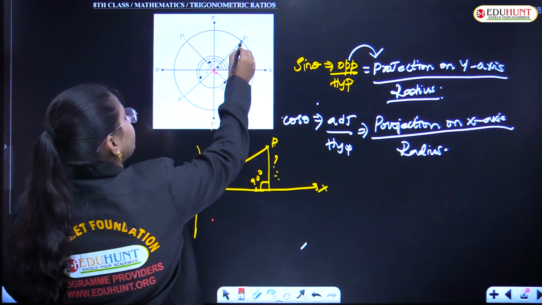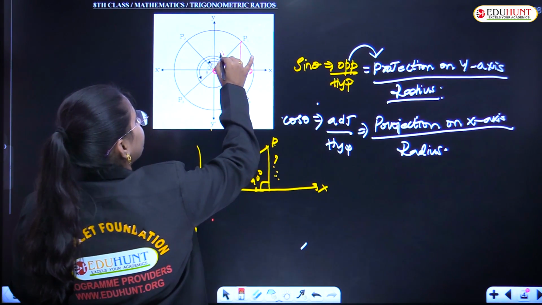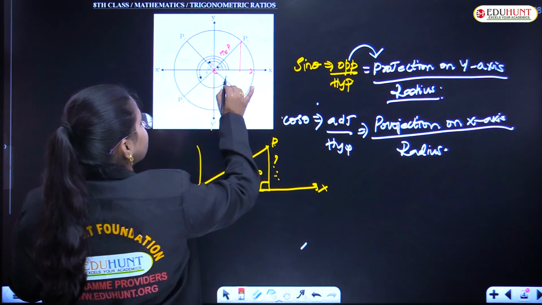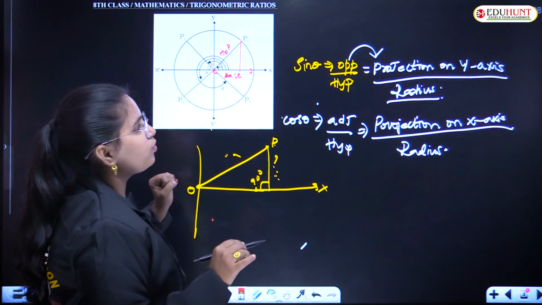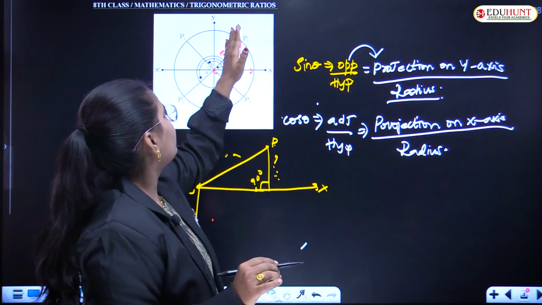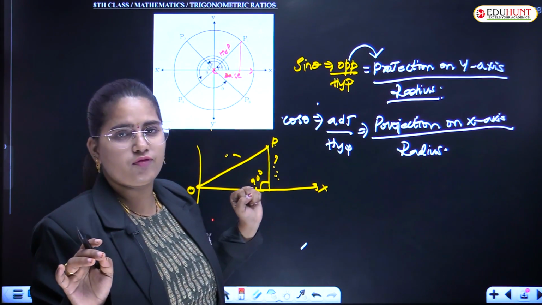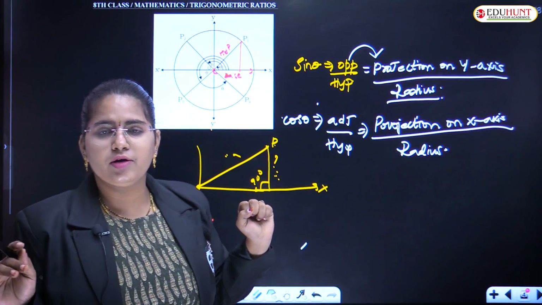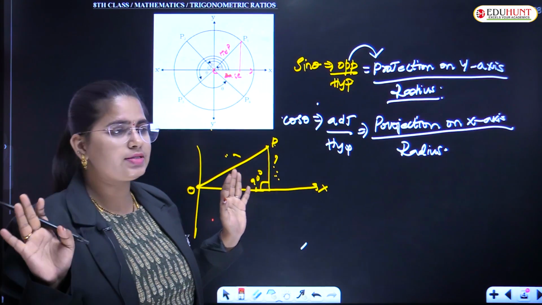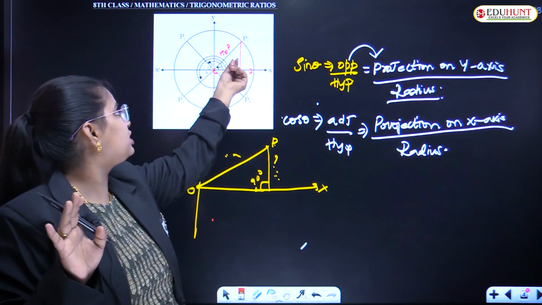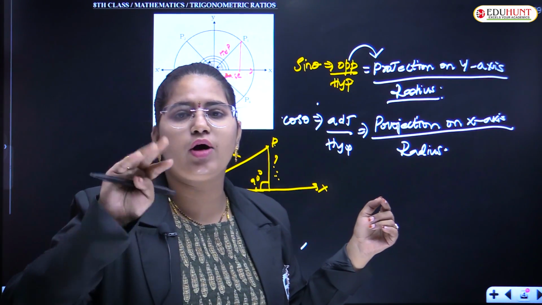This is my perpendicular side, projection on y-axis, this is my hypotenuse, and this is my base side. Is y positive or negative in the first quadrant? Each part is read as a quadrant, so we have 4 quadrants.